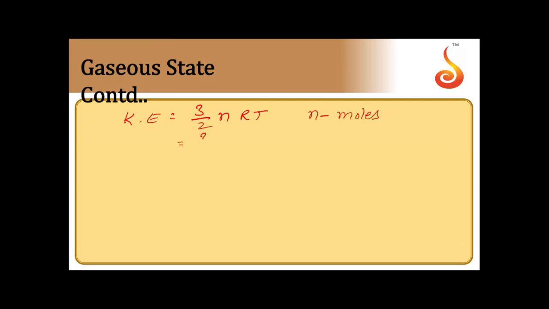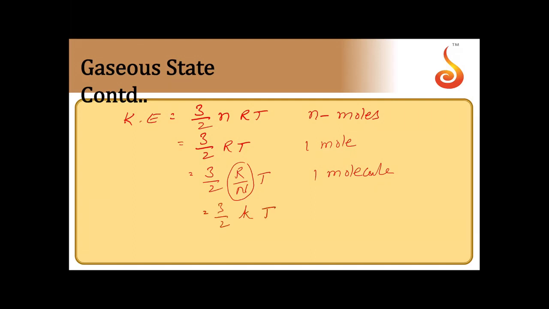Suppose n is equal to 1, then 3 by 2 RT will come. This is for 1 mole of gas. If you divide R by Avogadro's number into T, then you get kinetic energy per 1 molecule of gas. And R by N is a constant which is replaced by K, where K is called Boltzmann constant.